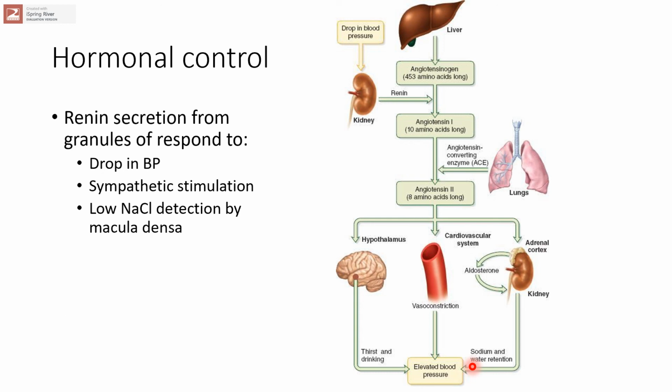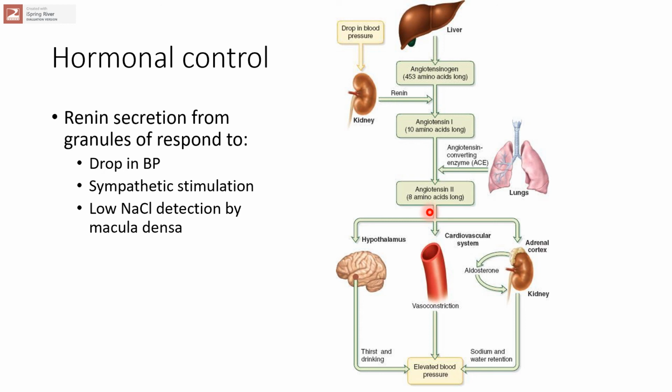Now, in the lungs and the blood plasma, ACE enzyme converts angiotensin 1 to angiotensin 2. Now, angiotensin 2 is the final worker that affects blood pressure. The first thing it does is to activate the hypothalamus to make us thirsty. So we drink a lot of water, which causes the blood pressure to increase.